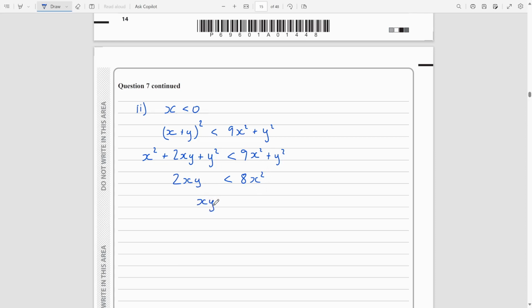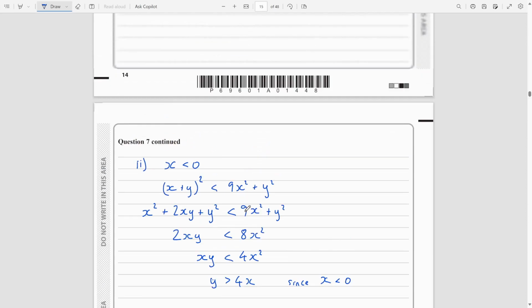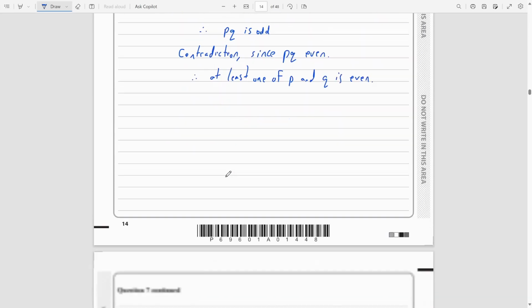I just get xy is less than 4x squared. Now, when I divide through by x, when x is negative, the effect of dividing through by a negative number flips over the inequality. So, y is greater than 4x, and I'll just put since x is negative. That's why it swapped over. And so that's how we prove that given that initial condition, y must be greater than 4x, which is what we needed to show.